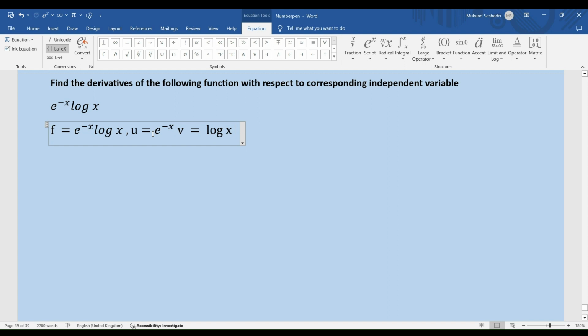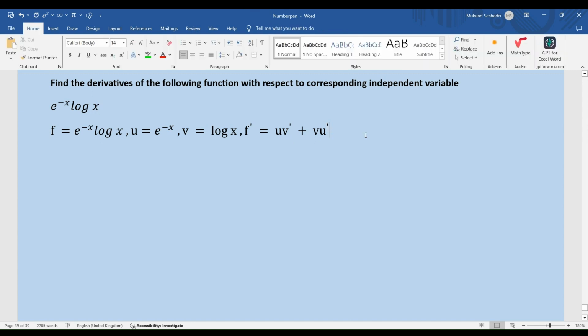So we can apply the product rule of differentiation. My f dashed is nothing but uv dashed plus vu dashed, right? That's how we have our f dashed.